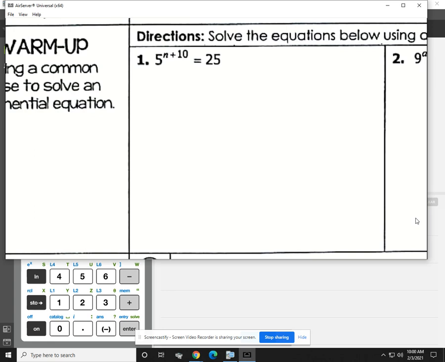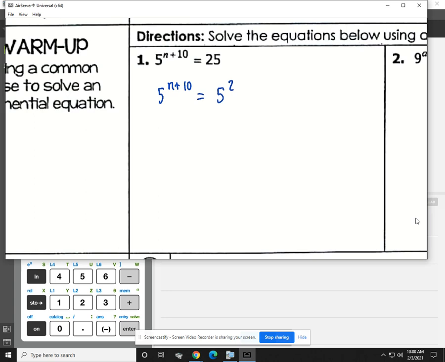So here's what we've talked about already. I can solve this because I can change 25 to have the same base as 5, can't I? What can I change 25 to? 5 squared. So I changed that 25 to 5 squared, and all of a sudden it was like what we just did yesterday. If I have the same base on both sides, what was I able to do with those bases?